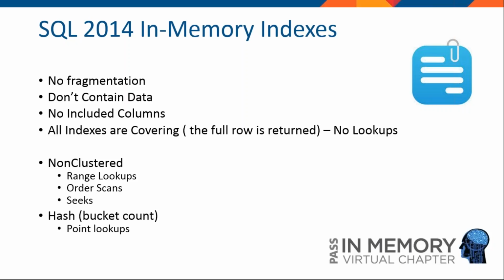This is what I mean. Basically all indexes are covering, the full row is returned, and because of this, you're not going to have lookups. Those are the fundamental differences between in-memory indexes and regular disk-based indexes.